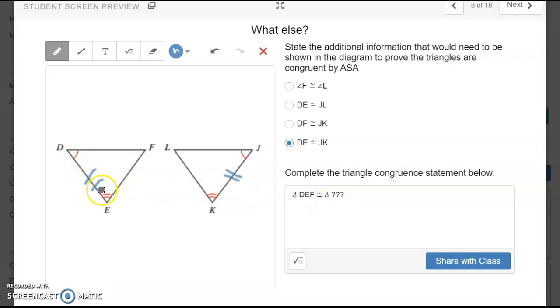Okay, so D, E, F. D corresponds with J, so that J has to be the first letter. And E has two arcs, K has two arcs, so that's going to be K. And then finally, it will be the last letter, L. That will be my triangle congruence statement.